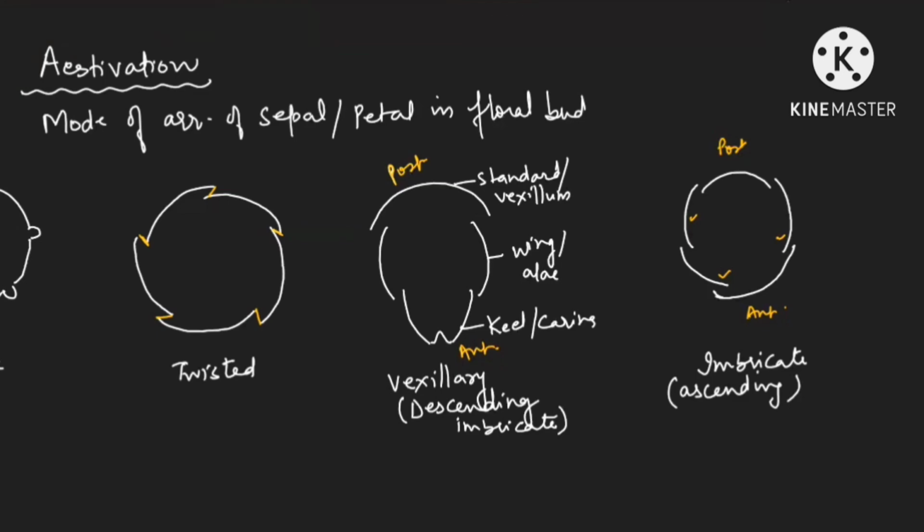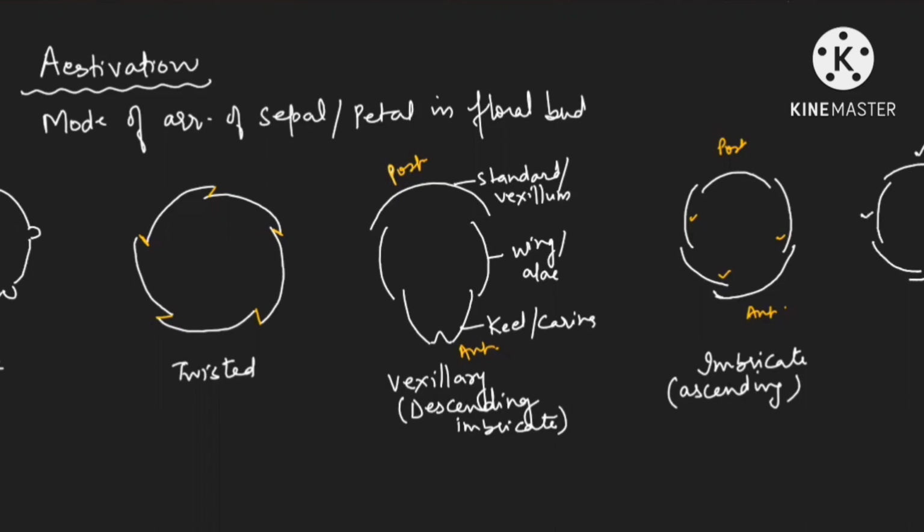Now see the last type of this. See carefully. This one will be overlapping. These two are now overlapped. If you see in this diagram, these two are the ones which are overlapping.